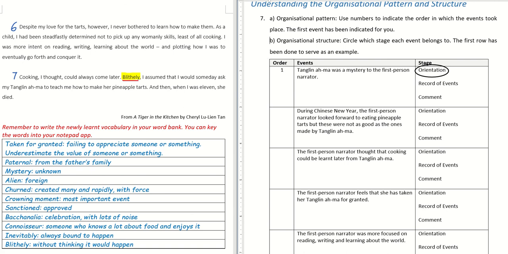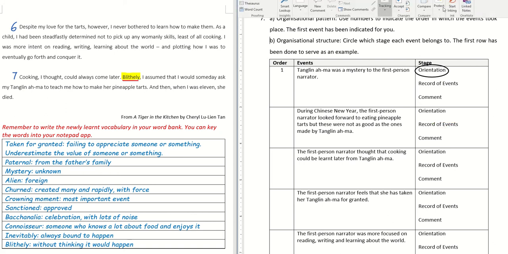Looking at this, Tanglin Amma was a mystery to the first person, so that's orientation. During Chinese New Year, the first person narrator looked forward to eating pineapple tarts, but these were not as good as the ones baked by Tanglin Amma. So this is a record of events. Sorry, I didn't do that very well.